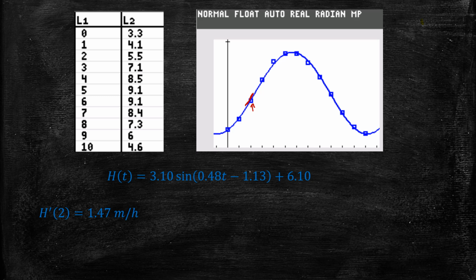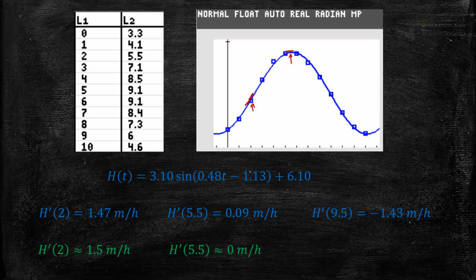And let's compare. What we got before was 1.5. So it was a pretty close estimate. And then I repeated it at 5.5, which remember was between two data points. So the slope of the tangent line, I got to be 0.09, and we got before 0. So again, pretty close.